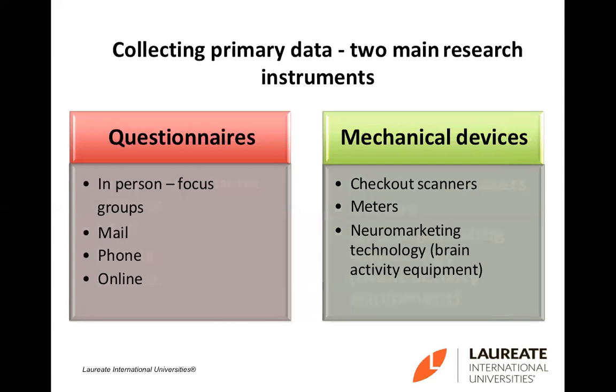And mechanical devices, we have several things like checkout scanners. This one is normally used in retail audit research. So the research agencies such as AC Nielsen and Sinovate, they're quite popular in terms of retail audit. Okay, so they use the checkout scanners.